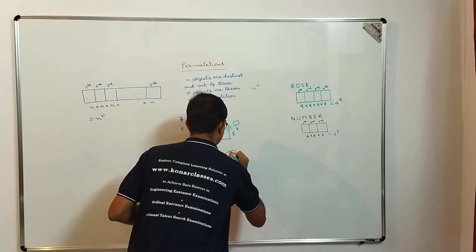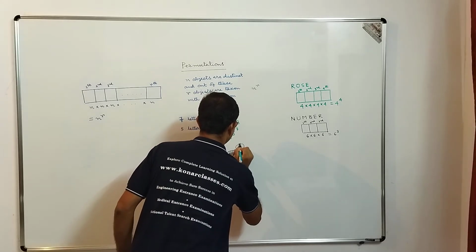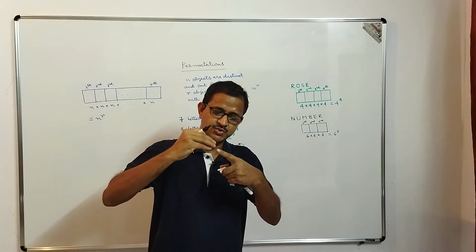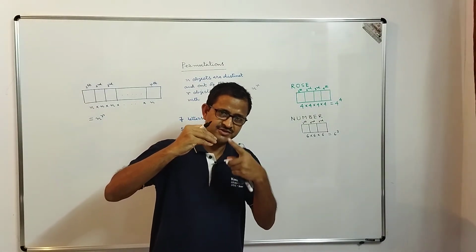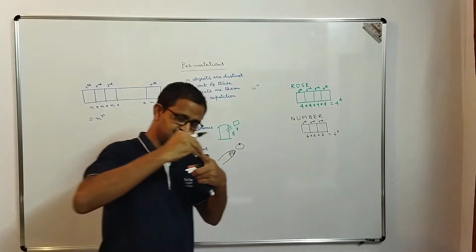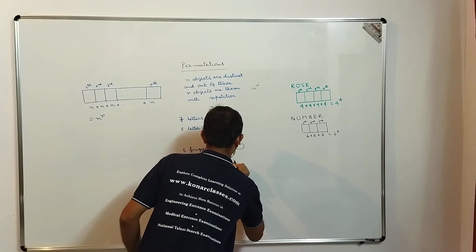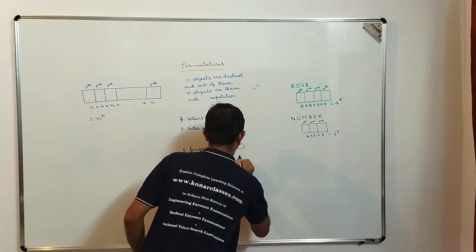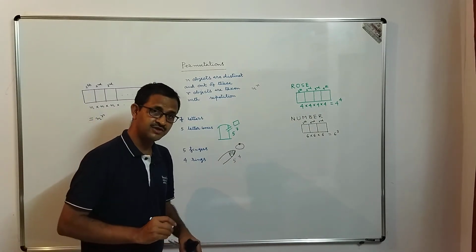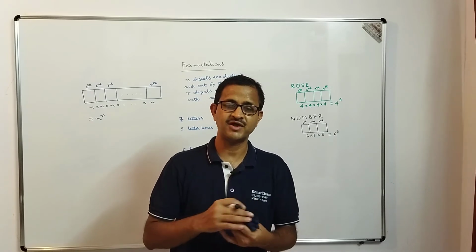And how does a ring look? A ring is something like this. So when you put the ring on the finger, always your finger is at the bottom and the ring is on top. So how many fingers? 5 fingers. And how many rings? 4 rings. So 5 to the power 4. These are the different ways you can put these 4 rings onto the 5 fingers.